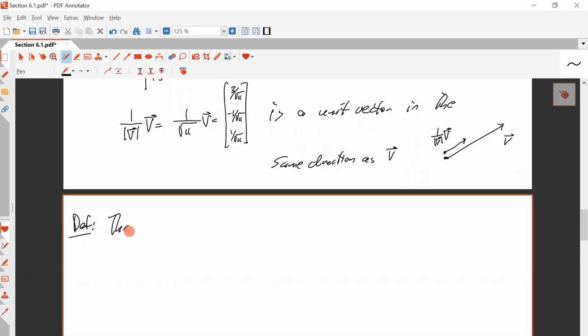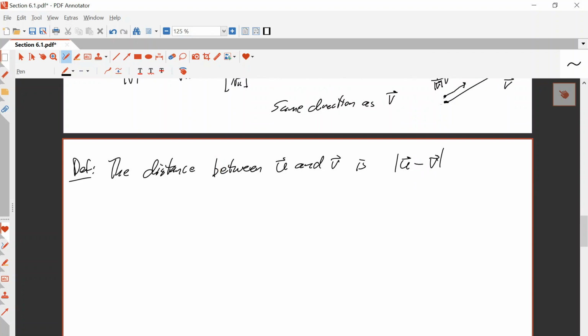Definition: the distance between u and v is defined as the norm of u minus v.